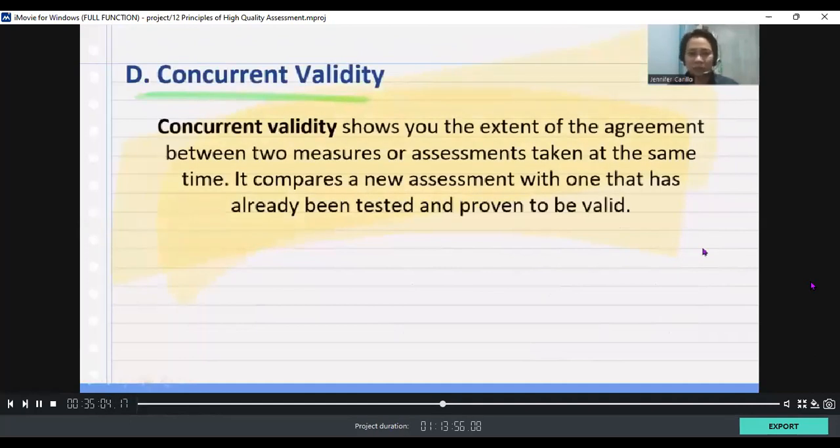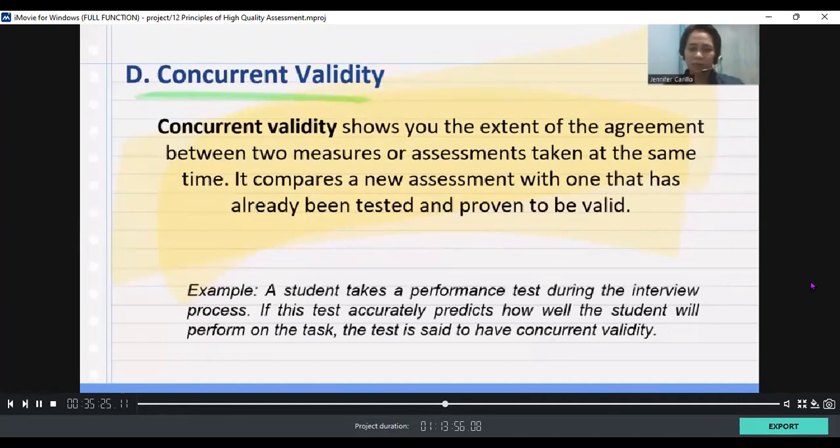Concurrent validity. So concurrent validity shows the extent of the agreement between two measures or assessments taken at the same time. So that means nga kung duha ka test paper, concurrent sila, meaning pariha sila og content sa test. Okay? So example, a student takes a performance test during the interview process.